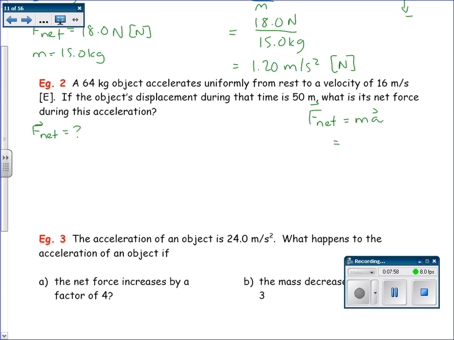We know that the mass of the object is 64 kilograms. It accelerates from rest, which is 0 meters per second, to a final velocity of 16 meters per second, and that occurs over a displacement of 50 meters.